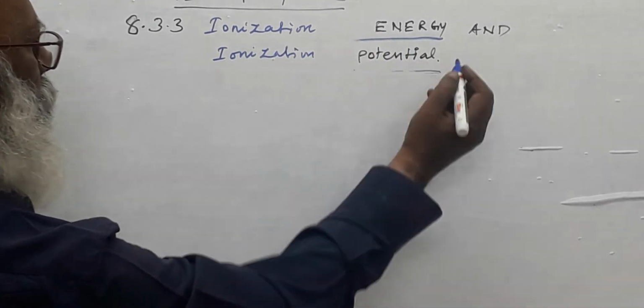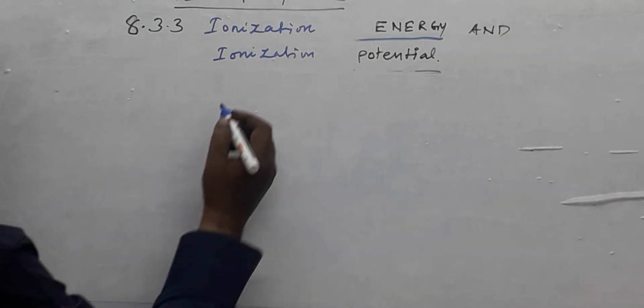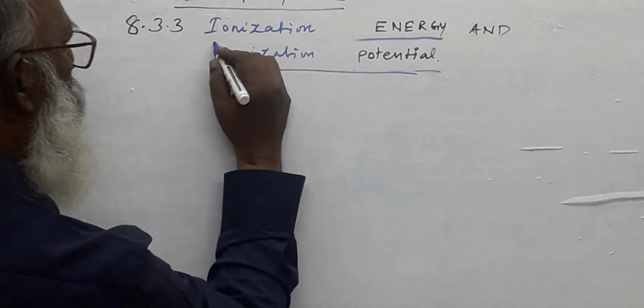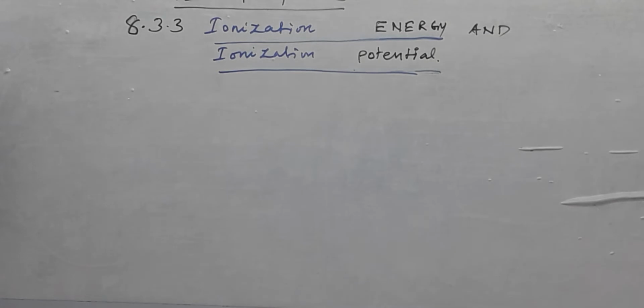These are another two to three marks, very important 3 marks. Now we are going to deal with what is meant by ionization energy and ionization potential.